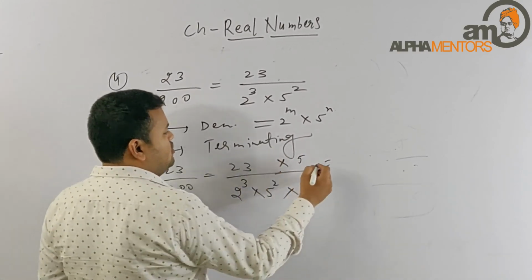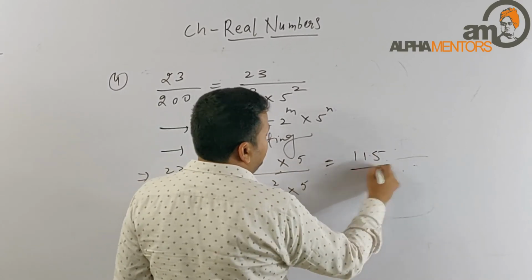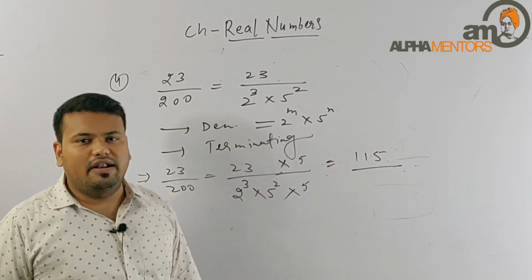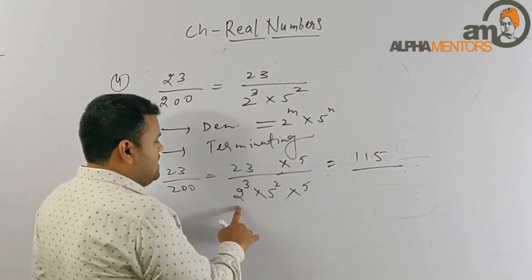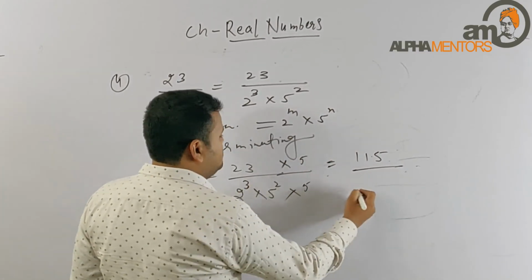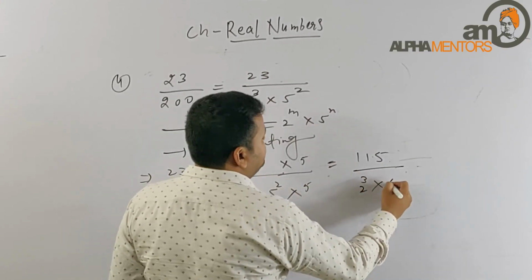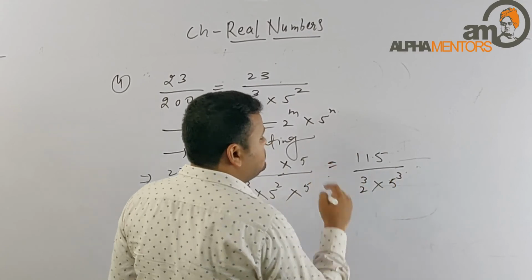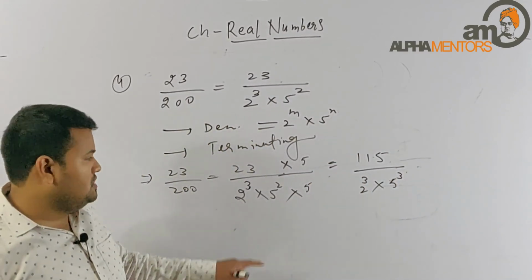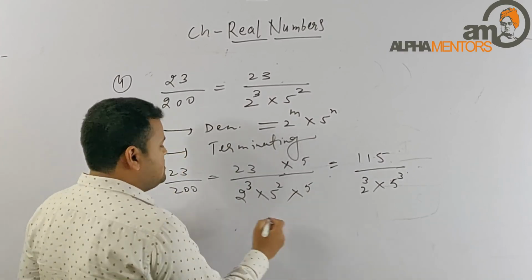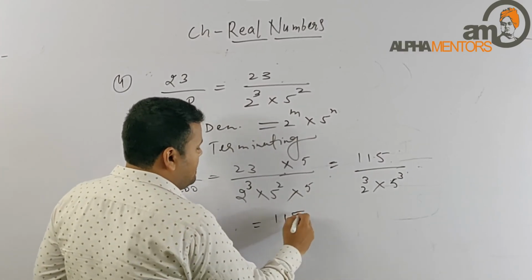So in the numerator do the product. 23 into 5 is 115. In the denominator 2 to the power 3 into 5 to the power 2 multiply 5 to the power 1. How much? 5 to the power 3. 2 times 1 times total कितने times हो गया? 3 times.